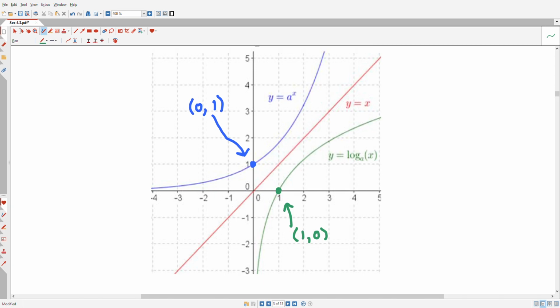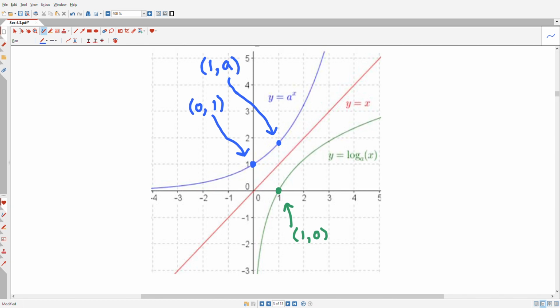There's a couple other points I can single out on this graph. For example, this point here would be the point when x is 1, and so on my exponential graph, that'll be a to the 1, that'll be (1, a).